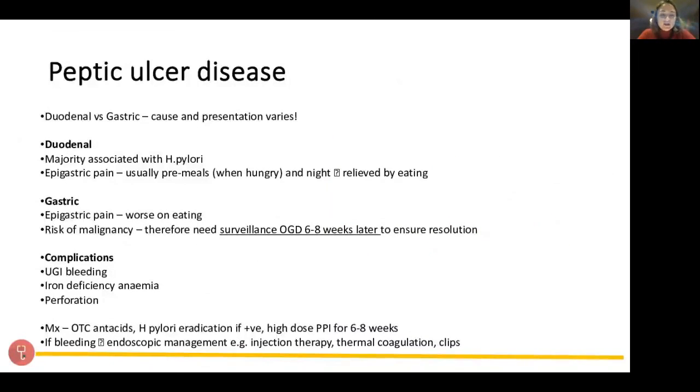Here, so initially you try a high dose of PPI treatment for 6 to 8 weeks. If that doesn't resolve the symptoms, then you would send them for an endoscopy, for an OGD, to evaluate if there's any other causes of these symptoms, specifically malignancy. Hopefully that answers your question. Let me know if not.